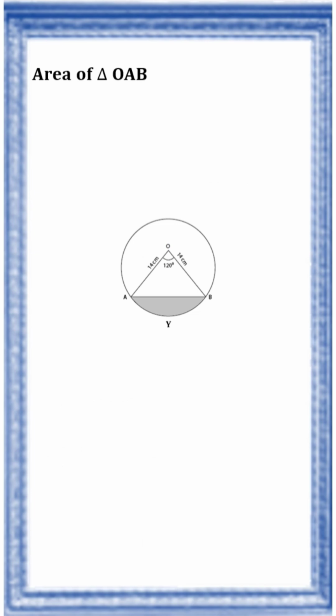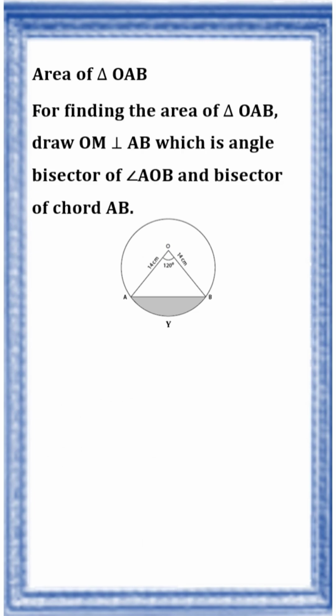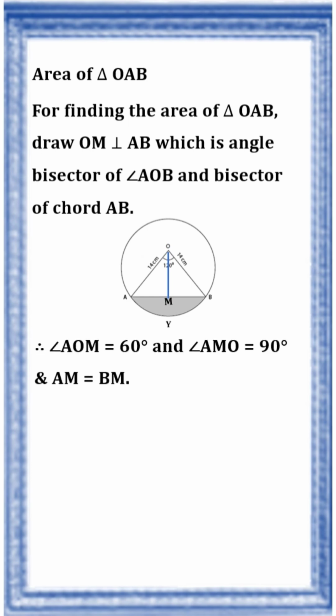Now let us find the area of triangle OAB. For finding the area of triangle OAB, draw OM perpendicular to AB, which is angle bisector of angle AOB and bisector of the chord AB. So angle AOM is 60 degree and angle AMO is 90 degree.